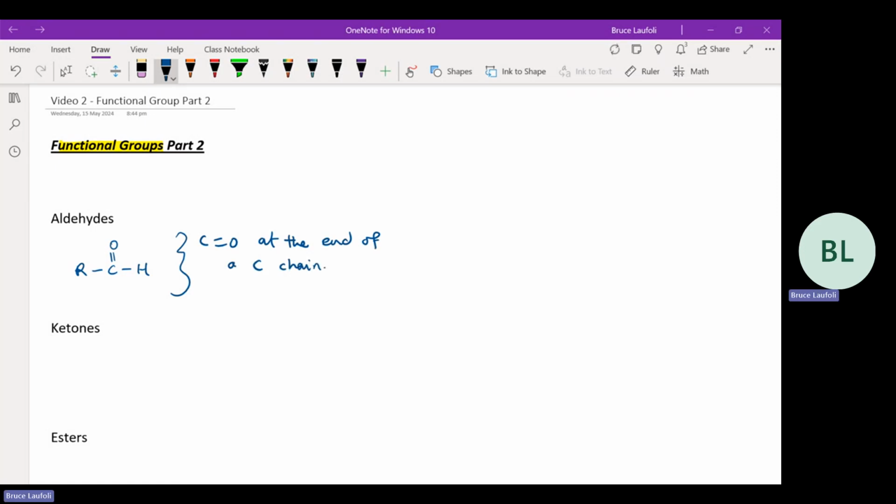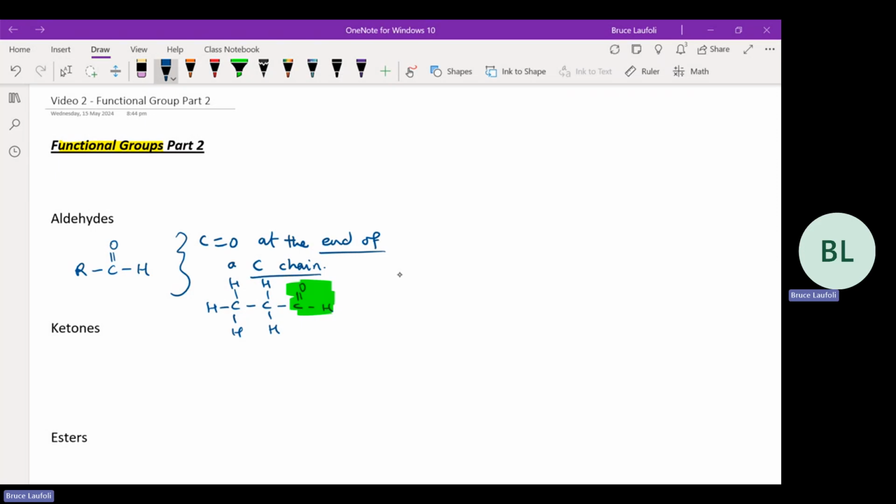Okay, and so what that essentially looks like is something like this. Double bond O and H, and we can fill in these H's over here. And so that's a really easy thing to recognize. It's this idea that this portion here, this double bond O, is at the end of a carbon chain.